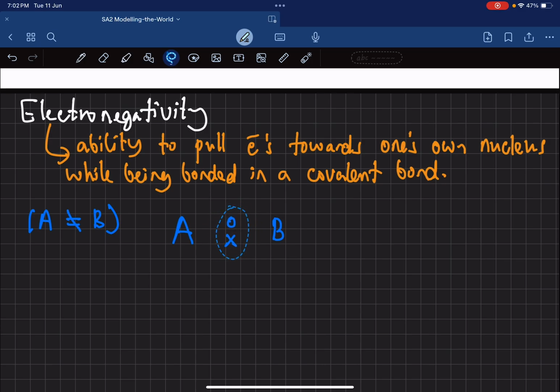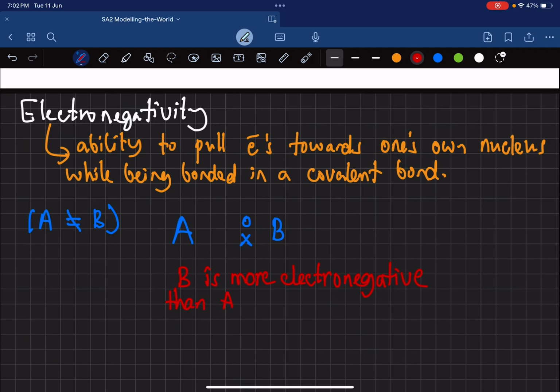It's supposed to be right in the middle, but instead it could be a bit closer to B. When this happens, we say B is more electronegative than A.